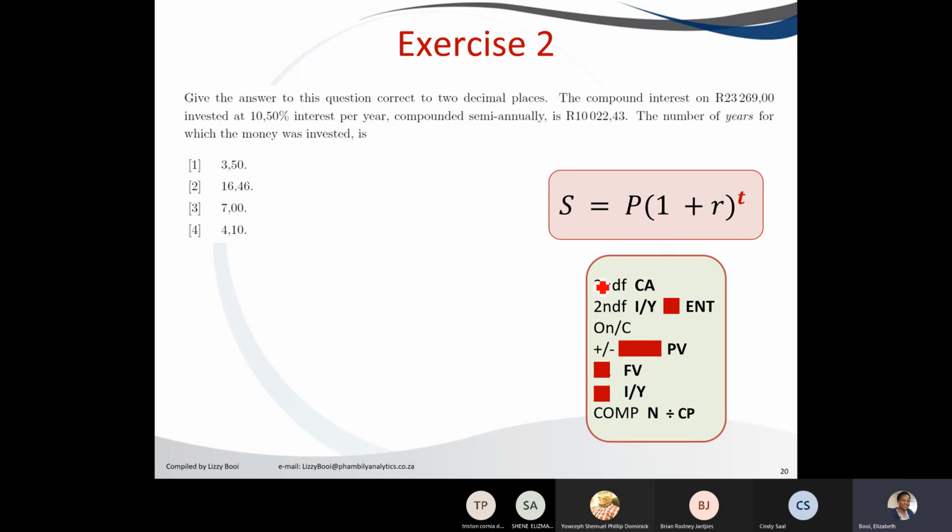They're telling you that the compound interest on that amount of 23,269 is R10,022.43, that it was compounded semi-annually, and that the interest rate is 10.5%, but they want you to calculate T. So what haven't they given you, to enable you to calculate T? It is your present value.